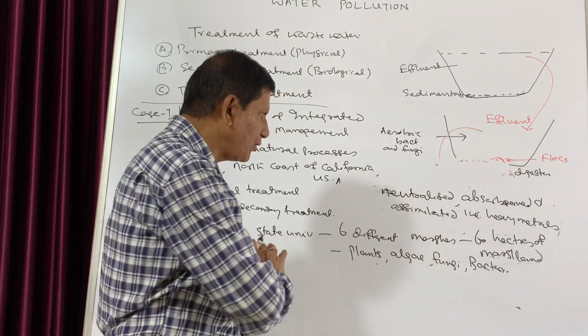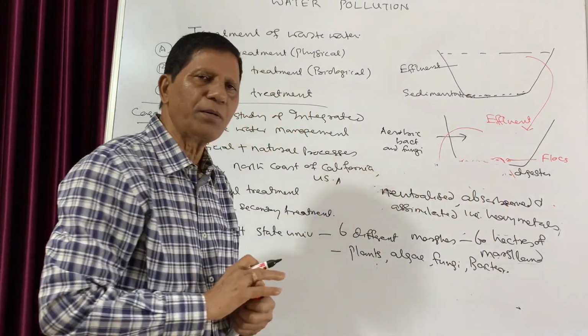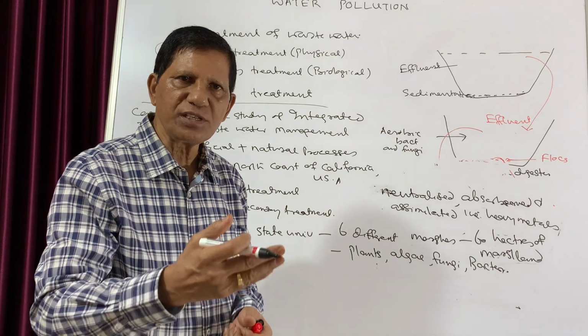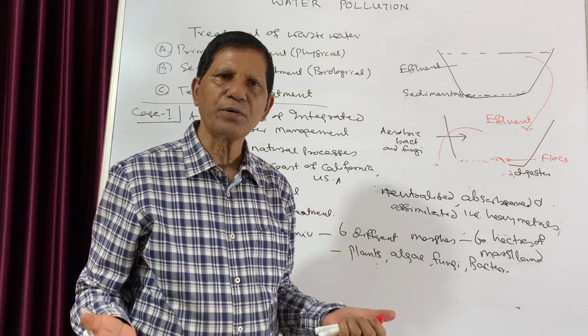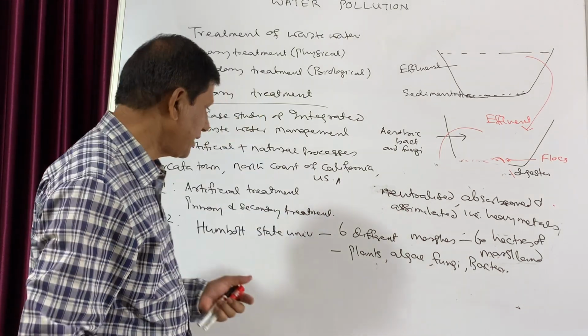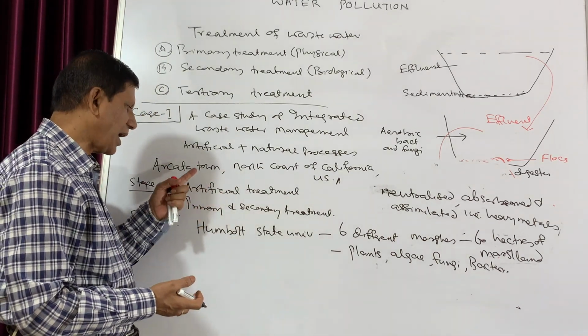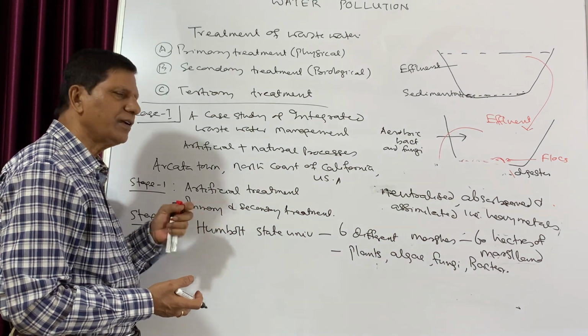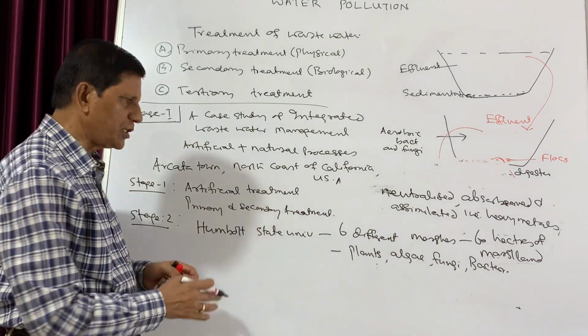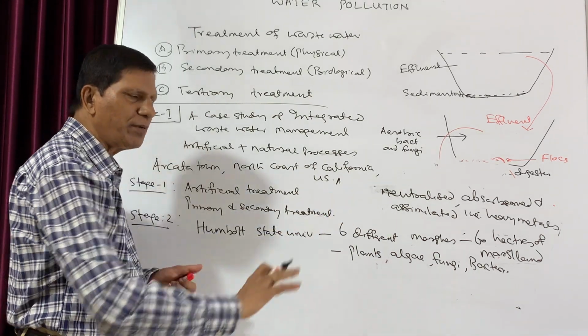So after passing through the marshland, the water which came out is completely pure. That means this is an integrated treatment, both artificial and natural. In the natural way, all the heavy metals were removed.